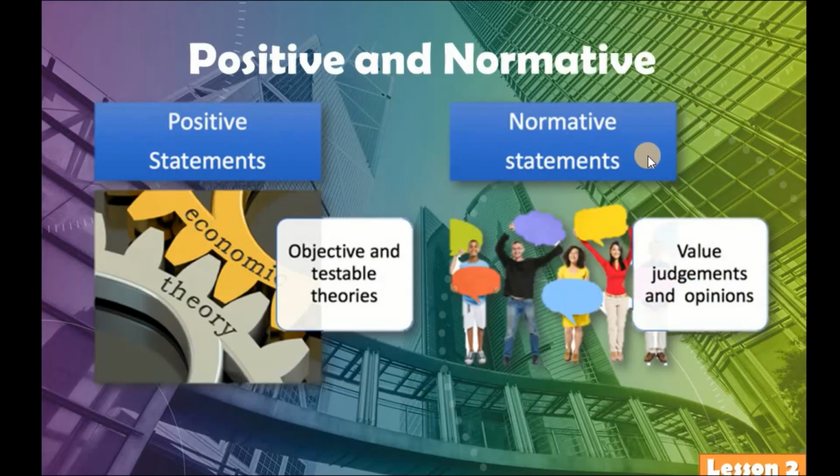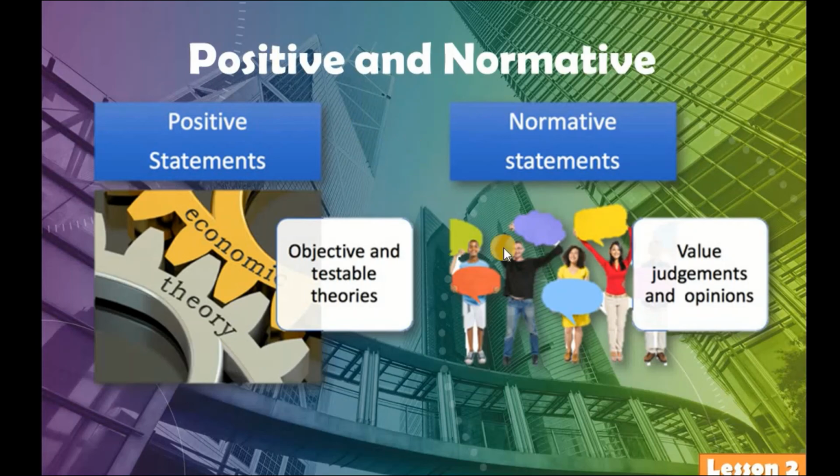Alright, and the last is what we call the positive and normative statement. Okay, unahin po natin si positive. We'll talk about positive. It describes the world as it is. Positive. Ibig sabihin, yun talaga yung dapat gawin. Okay? Yung statement na yun, that is factual.